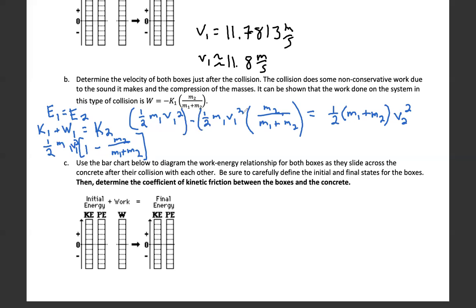Right? This whole thing can get factored out, and then it's 1 minus this big thing, m2 over m1 plus m2, equals 1/2 m1 plus m2 v2 squared. And these 1/2s cancel.